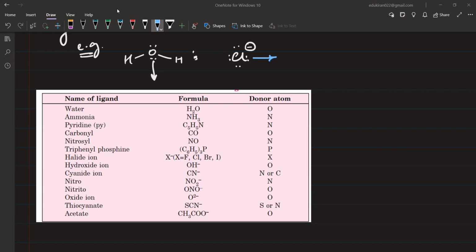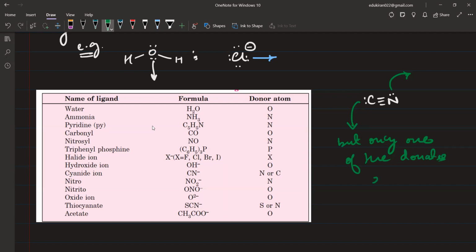One more thing I want to say: let's suppose, for example, cyanide ion. The structure of cyanide ion is C triple bond N, with C having a lone pair and nitrogen also having a lone pair. Both of these can donate, but only one of them donates an electron pair to the central metal atom.